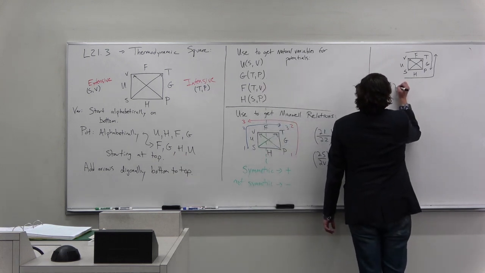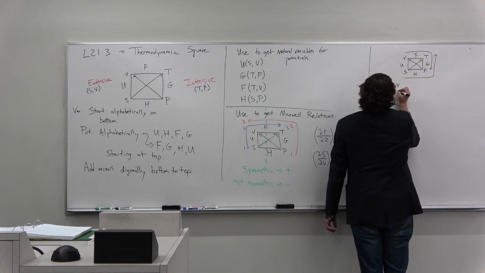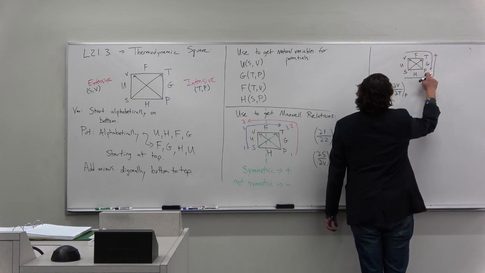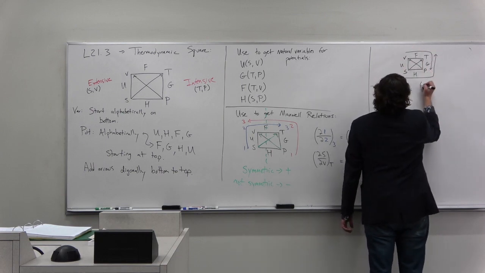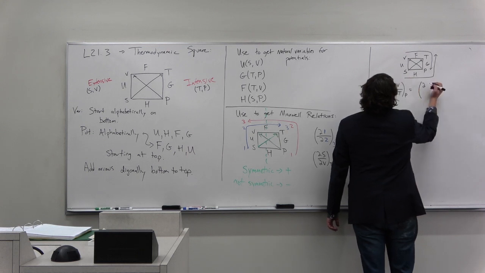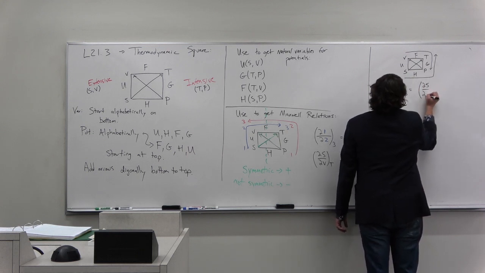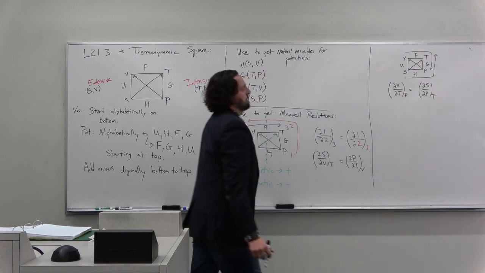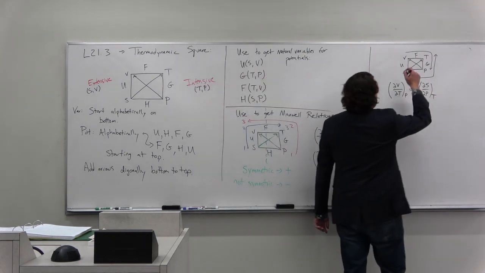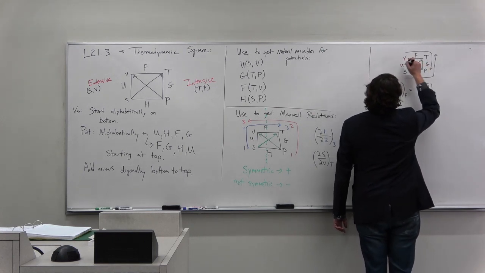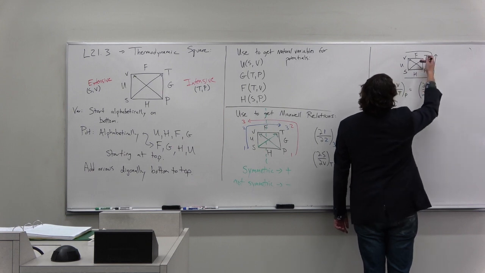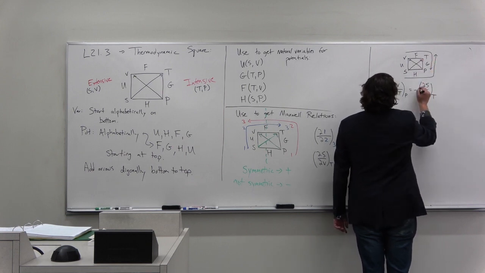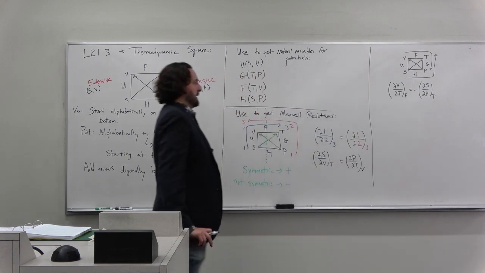So this will be partial V, partial T, at constant P, right? And then we have partial S, partial P, at constant T. But now let's look at this symmetry. So here now my axis of symmetry for these two would be here, but they're not symmetric. When I flip it, my arrows would go the other way. So I have a minus sign.